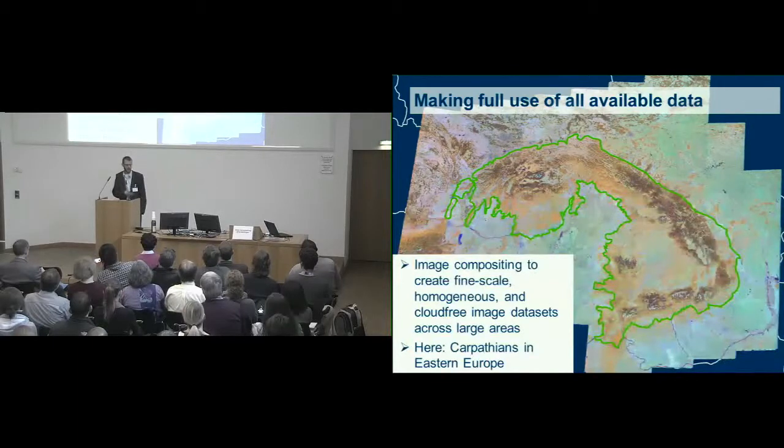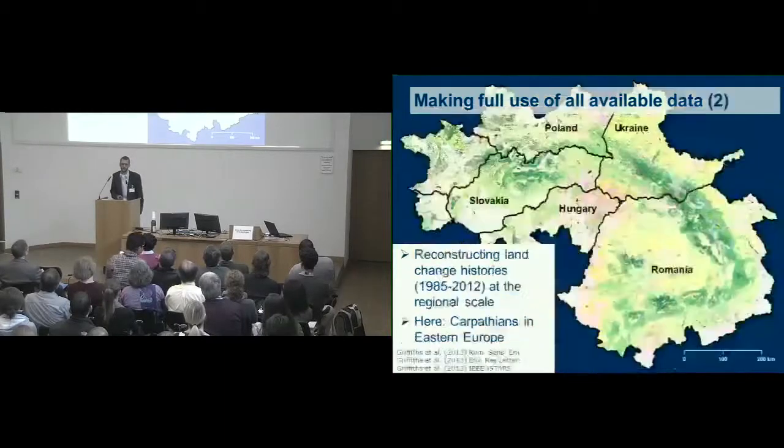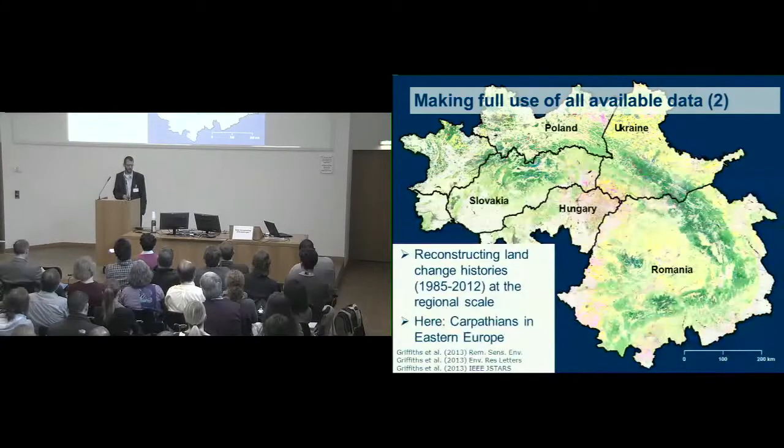Now, these composites are cloud-free, homogeneous. They are a lot easier to work with and to translate, when you do this multiple times, into land change maps such as this one, where you can see different land change processes in yellow, for example, agricultural abandonment or extensification that is especially widespread in Ukraine and Romania here.